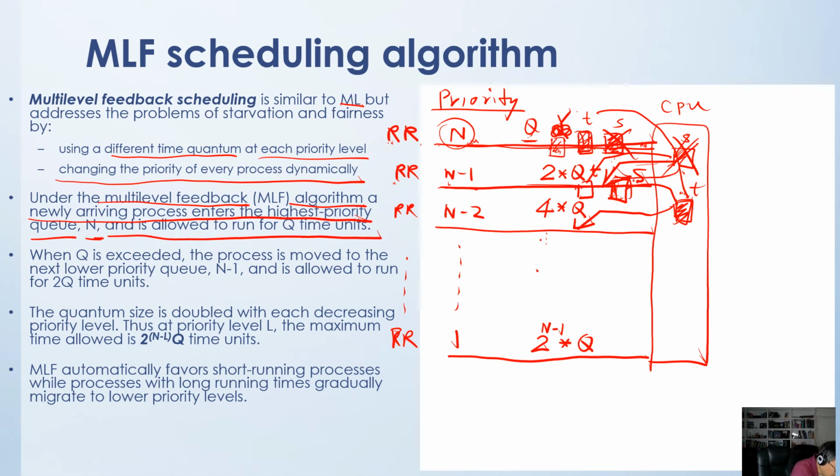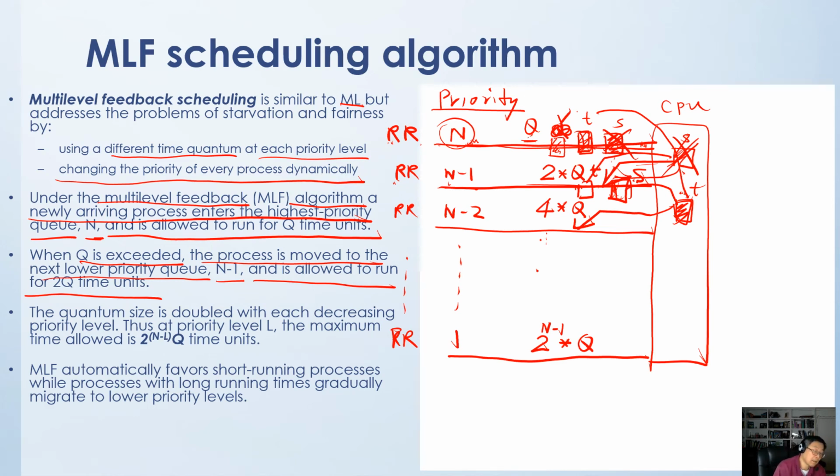When Q is exceeded, the process is moved to the next lower priority level, n minus 1, and is allowed to run for 2Q time units. So the quantum size doubles every time it completes at a level and moves down to a lower level, so the quantum size gets bigger.